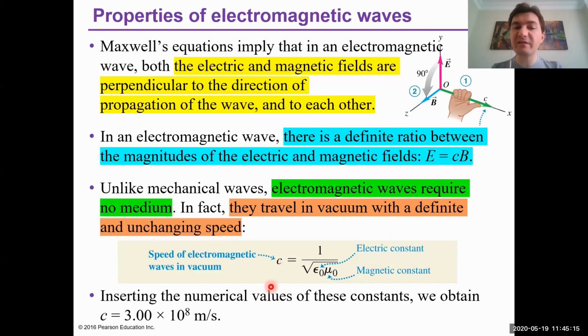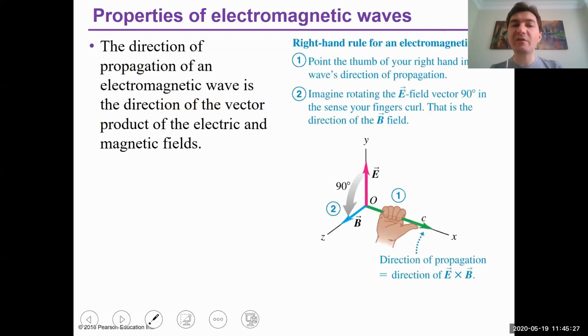So we have constant speed in vacuum for the electromagnetic waves, and the numerical value of that speed is given by that expression. What about the direction of the propagation of an electromagnetic wave? You can determine by using right-hand rule, okay? So this is the direction of the electric field, this is the direction of the magnetic field, and the direction of the propagation is perpendicular to both of them, okay, like this.